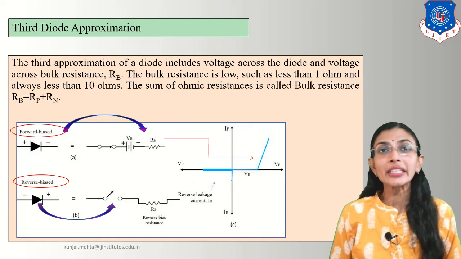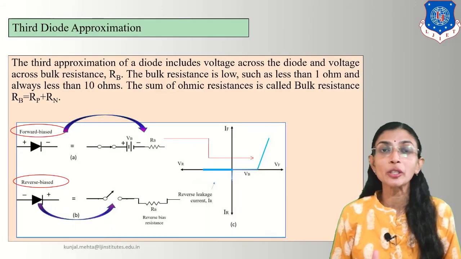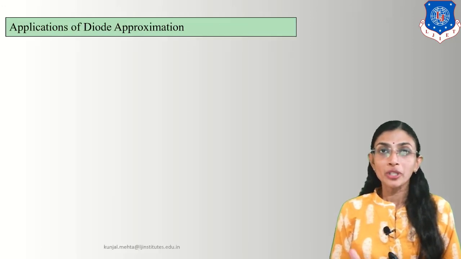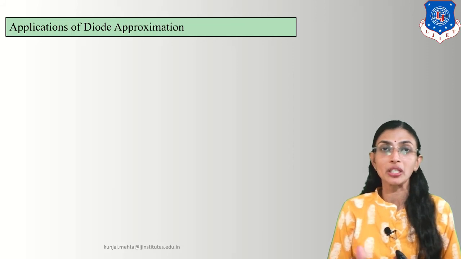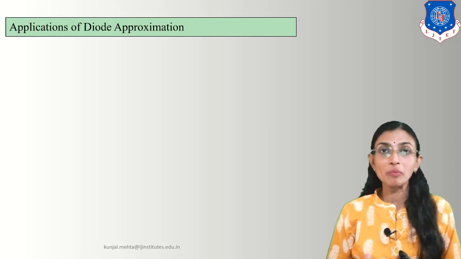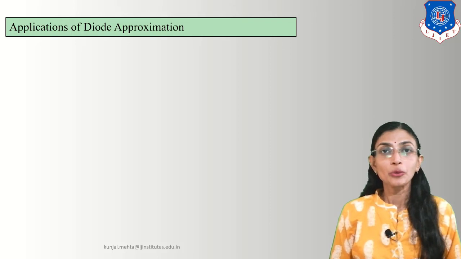So finally, dear students, what are the applications of diode approximation? When and why will we use and consider the three different approximations of the diode? Those are the first approximation, second approximation, and third approximation. According to the first approximation, we are considering the ideal approximation, meaning we need a quick analysis of diode circuits.